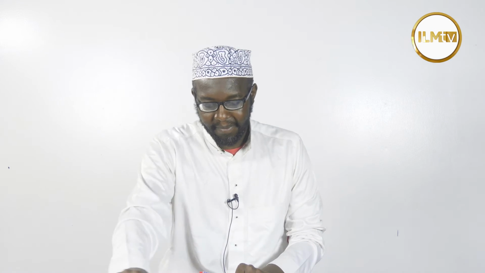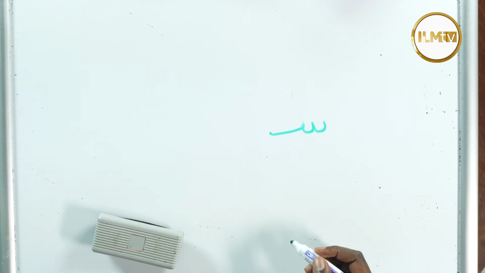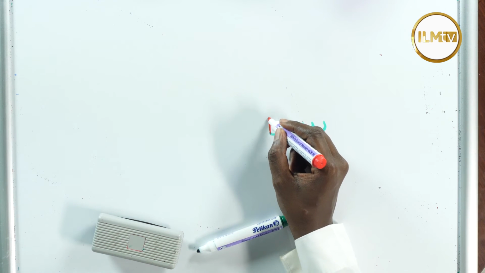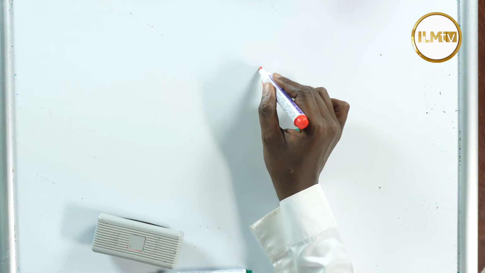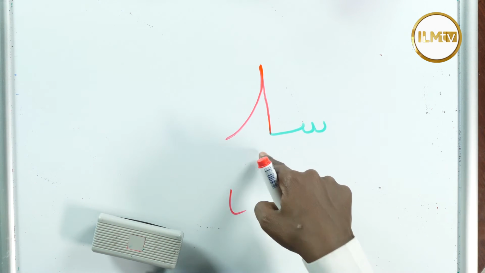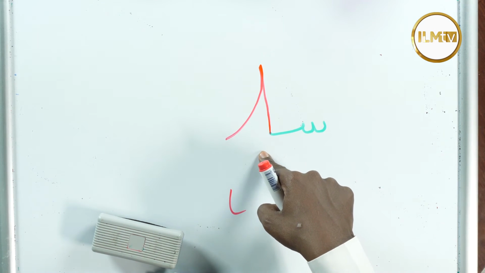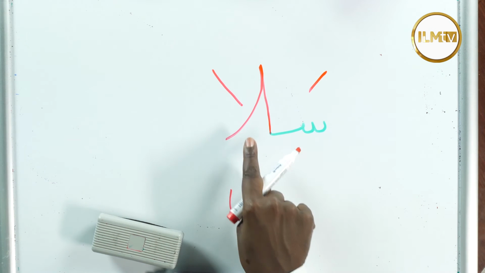Or instead of the K, we can have salam. You know, we do sin. How do you write it now? We go upwards, then we go downwards. That's an L in the middle. If you want to add an alif, so it becomes salah.